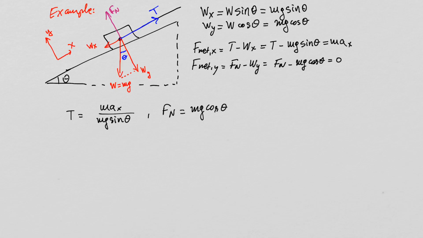So from here, of course, variations of this problem can be encountered. For example, the tension force might be applied at an angle, so not parallel to the incline, but at some angle from the incline, like so or like so, which then will introduce components of the tension force along each coordinate direction, which then is going to just require to add or modify the equations for the net force in x and y direction.